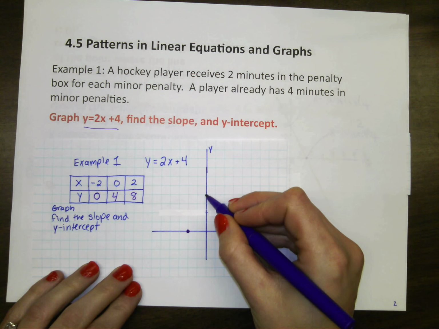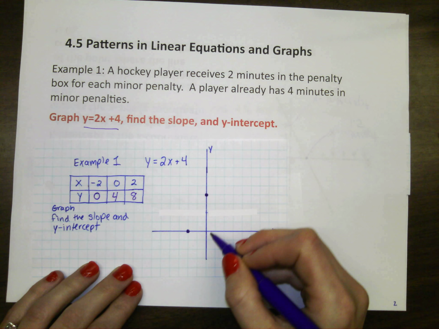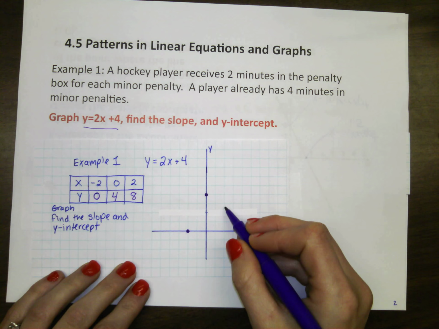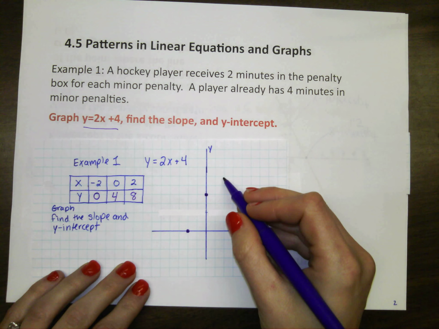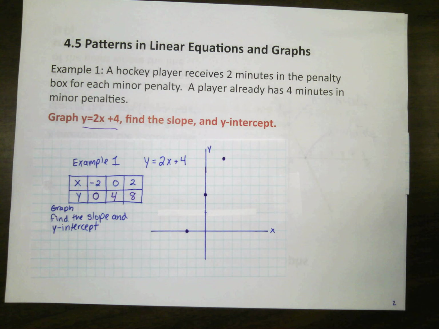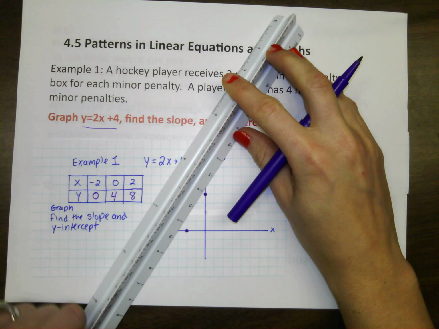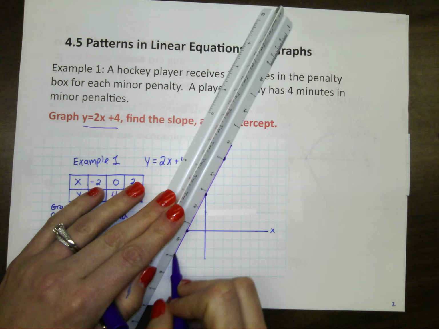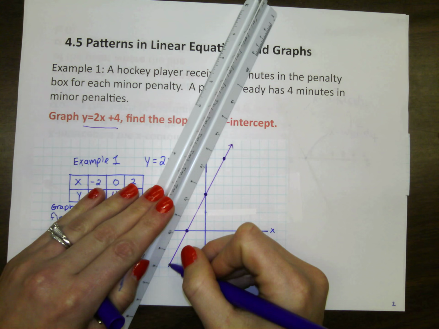So in this case, let's go to -2, 0, here's our first point, at 0, 4, and then at 2, all the way up to 8, up here.